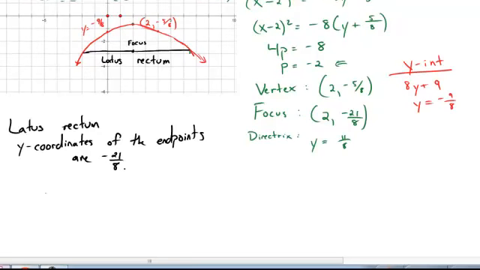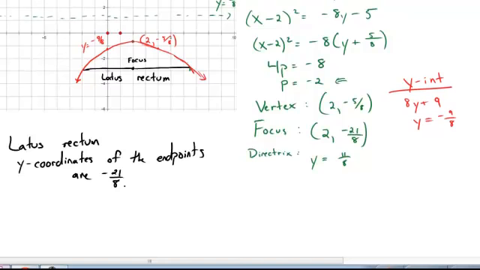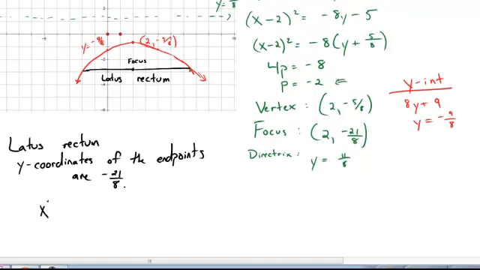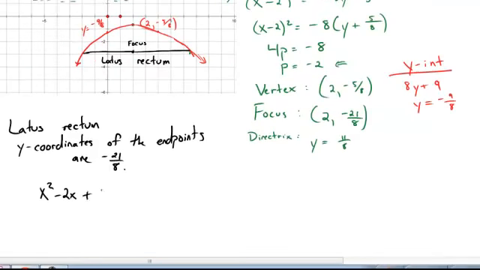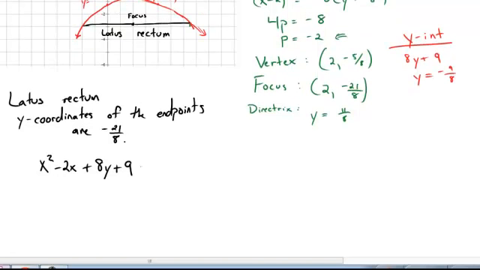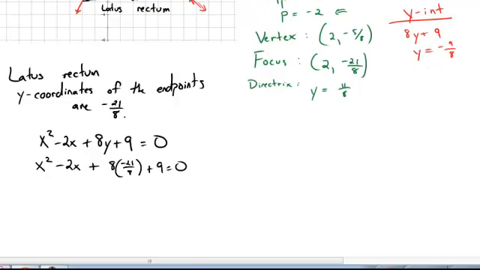But if I want to figure out what those x coordinates are, I'm going to go back to the original equation, x squared minus 2x plus 8y plus 9. And I'm going to plug in that minus 21 over 8 for y. x squared minus 2x plus 8 times minus 21 over 8 plus 9 equals 0. And we'll continue through. And we want to find what those x coordinates are.